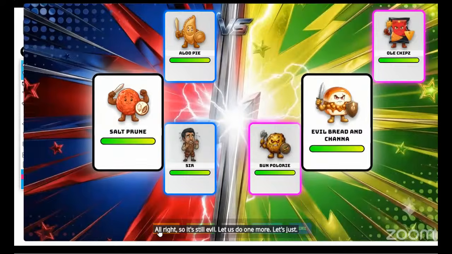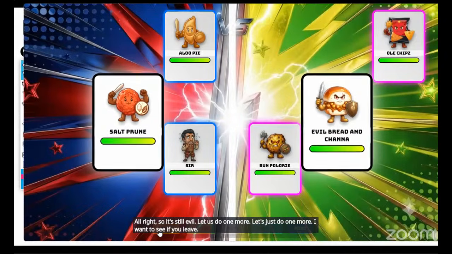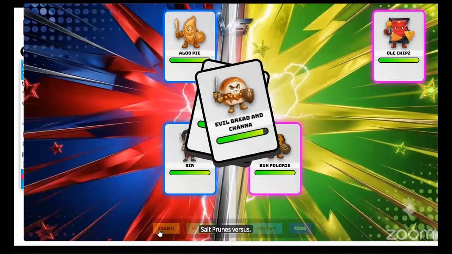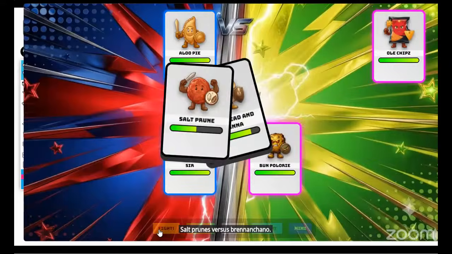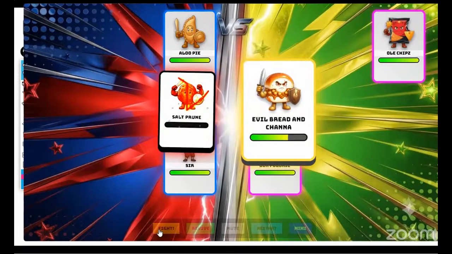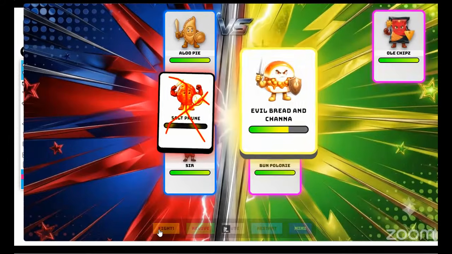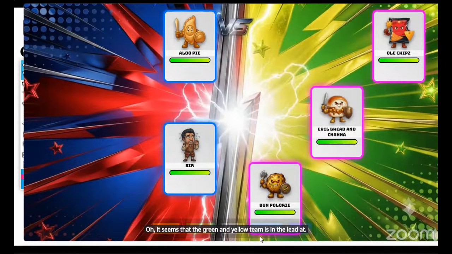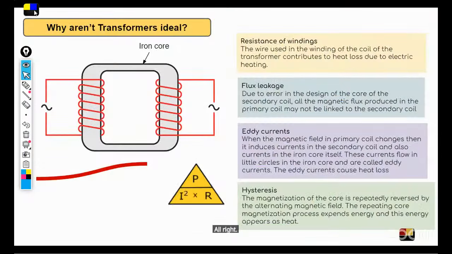I want to see if you can leave here with one without it being uneven. Salt prunes versus bread and chana. Oh, it seems that the green and yellow team is in the lead at the moment. All right, we'll continue that another while.